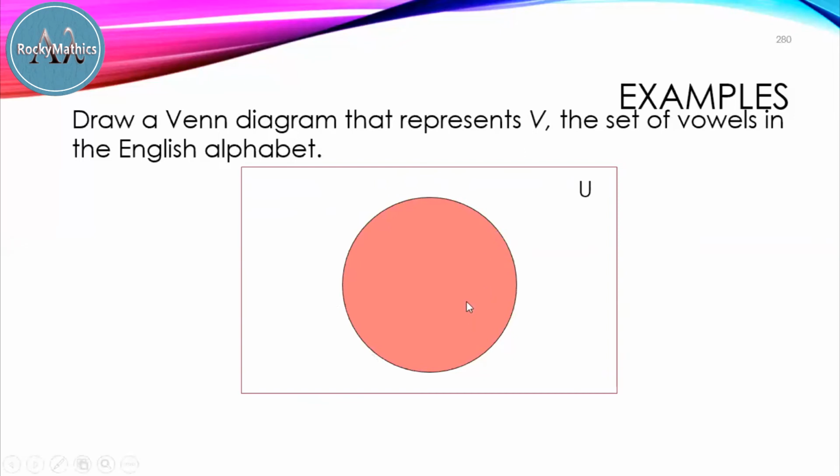The elements of V are the vowel letters A, E, I, O, and U. These are the elements in the set V. So this is one way of describing set V using a Venn diagram.